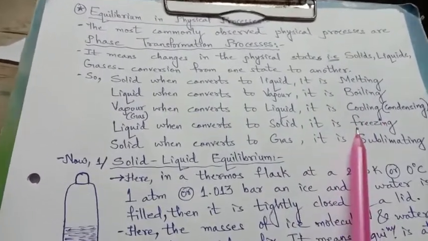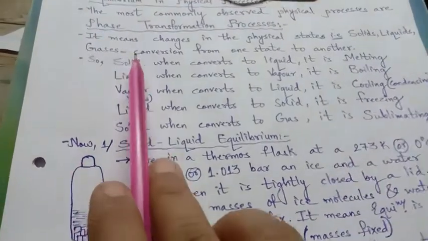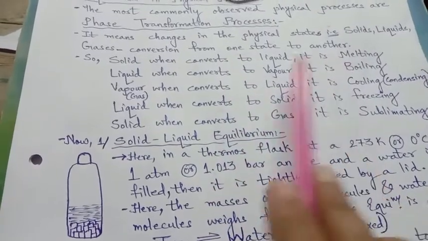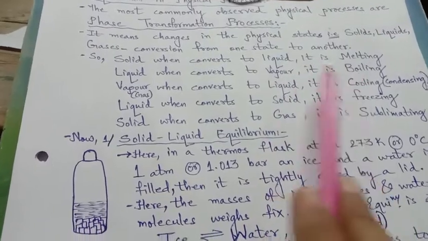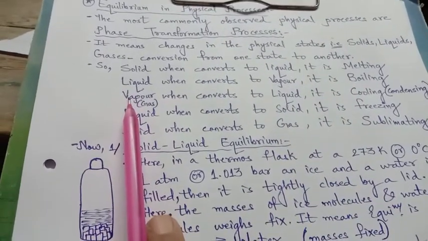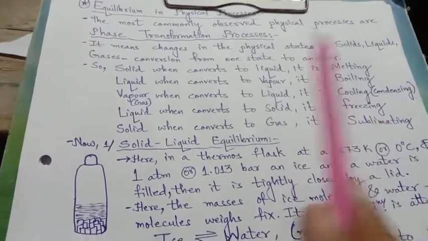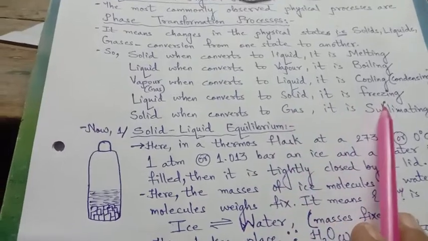We all know these, but let us revise. When solid converts to liquid, it is melting. When liquid converts to vapor, it is boiling. Vapor in a gaseous form, when it converts to liquid, it is cooling, that is condensing. Liquid when it converts to solid, it is freezing.